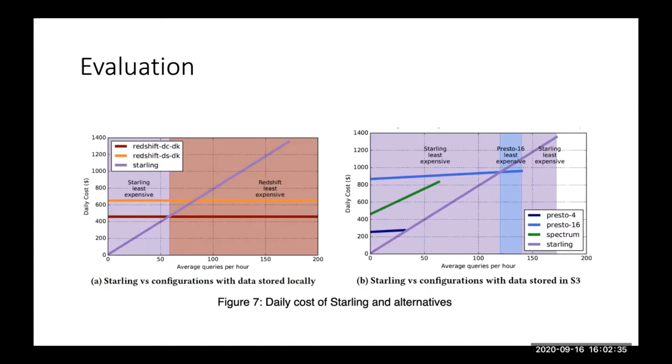It produces smaller workers, like Lambda workers, to read from the data stores and then perform computation on it. And similarly here, what they show is Presto is only least expensive in a given range, where the average query is between like 130 and 140 queries per hour, but otherwise Starling is least expensive.